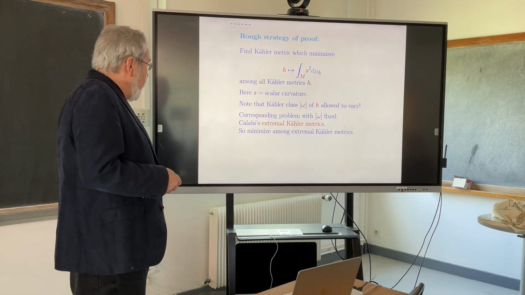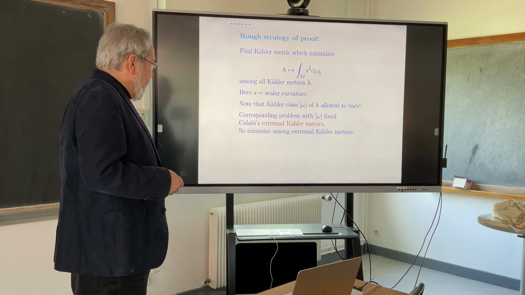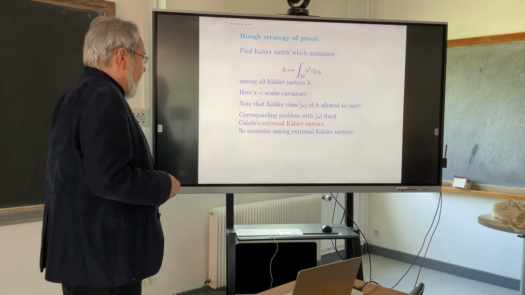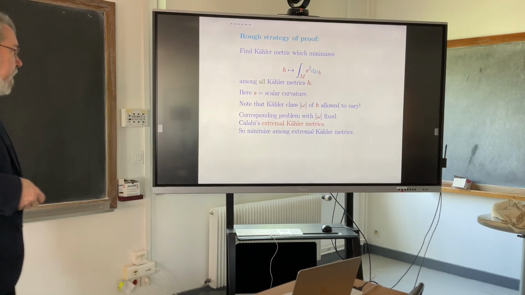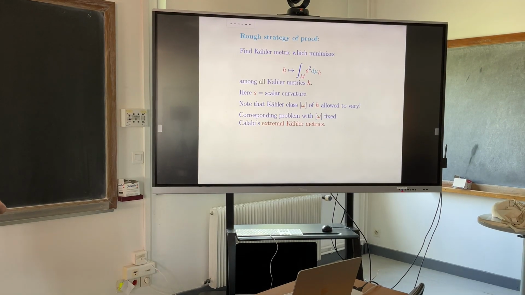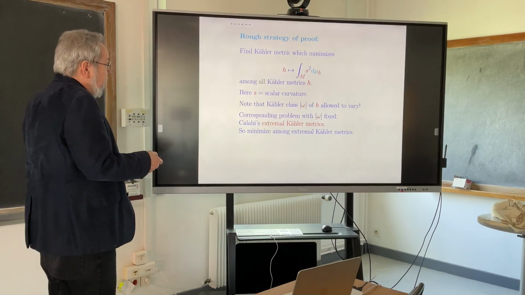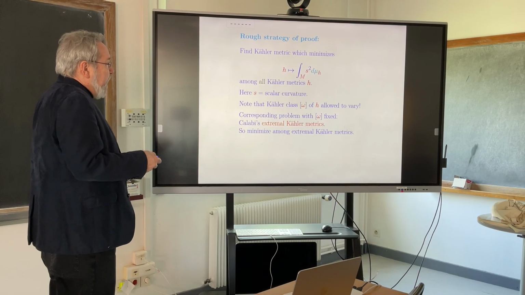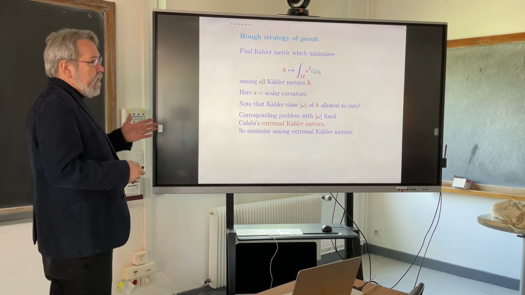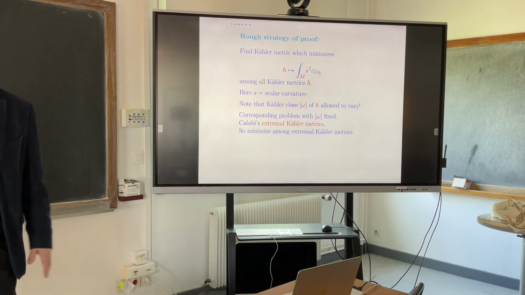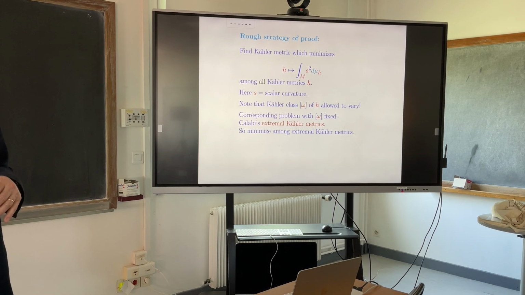So the next thing is, suppose you can find a minimizer. If you have a minimizer, it in particular minimizes in its own Kähler class, so it must be one of Calabi's extremal Kähler metrics. A different way of saying this is that for every Kähler class there's a minimum, and now we try to minimize as we vary the Kähler class. The space of Kähler classes is finite dimensional, right?